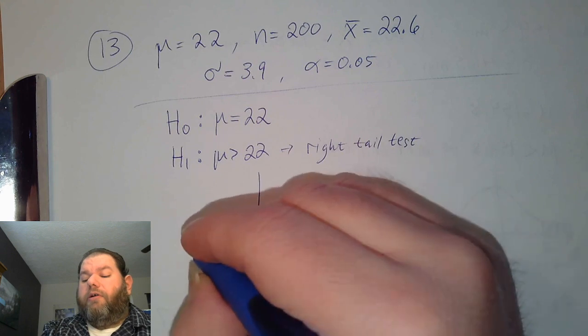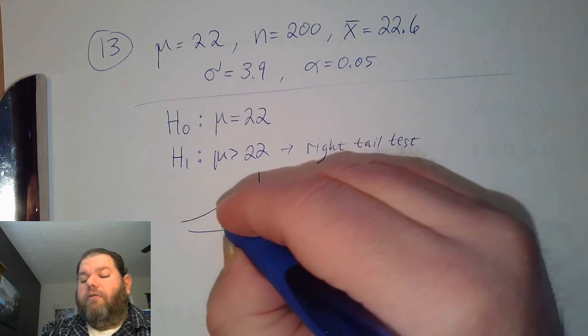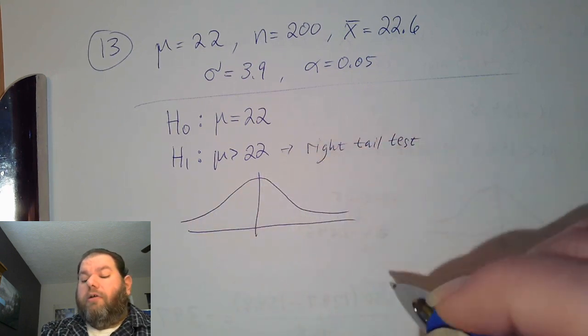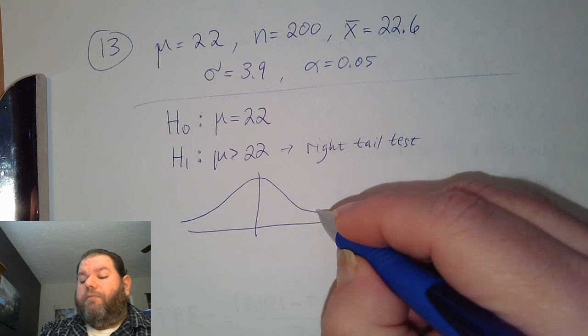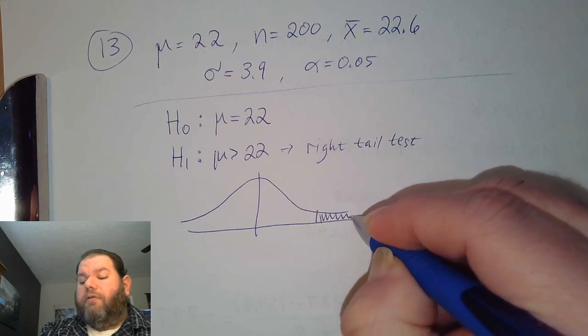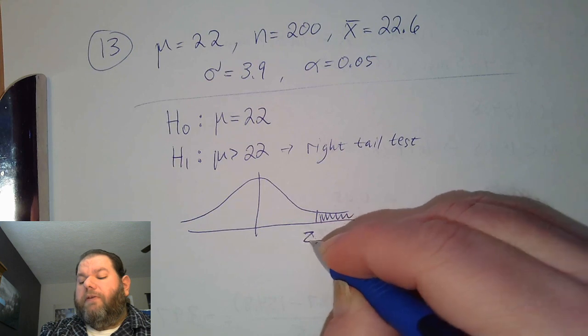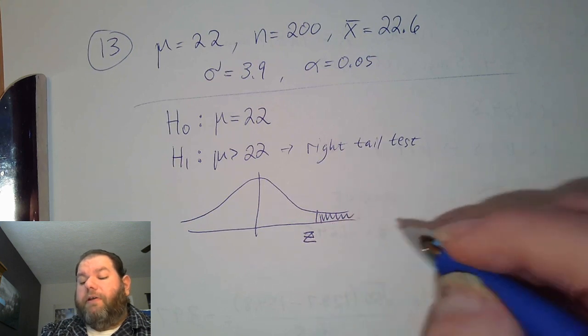So we look at our graph. Alpha equals 0.05. That means z, our critical value, will be here.